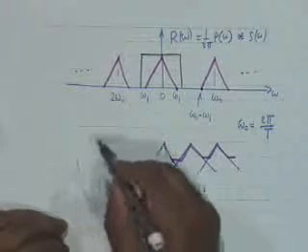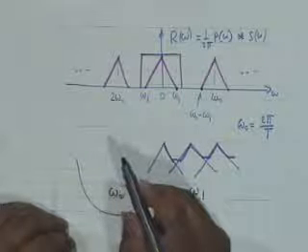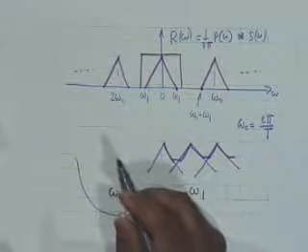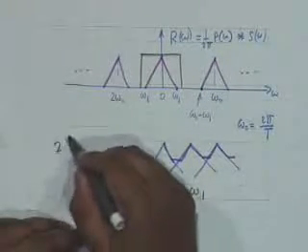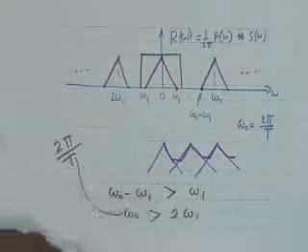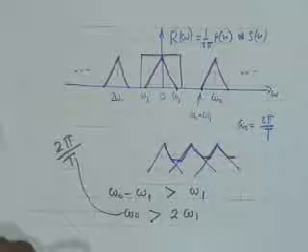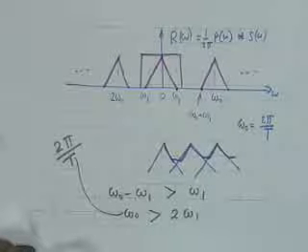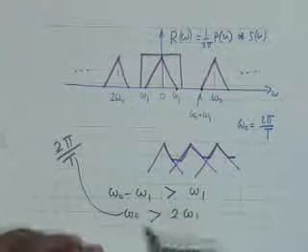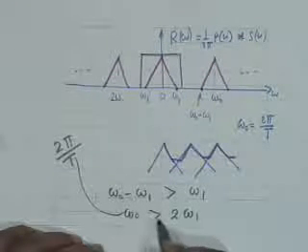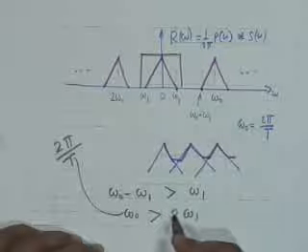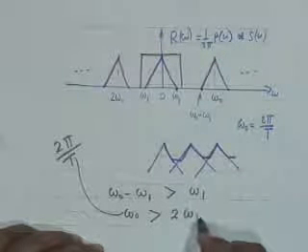And what is omega 0? Omega 0 is the sampling frequency. The sampling interval was capital T, so 2 pi by T is the sampling frequency in radians per second. The sampling frequency therefore must be greater than twice the highest frequency content.